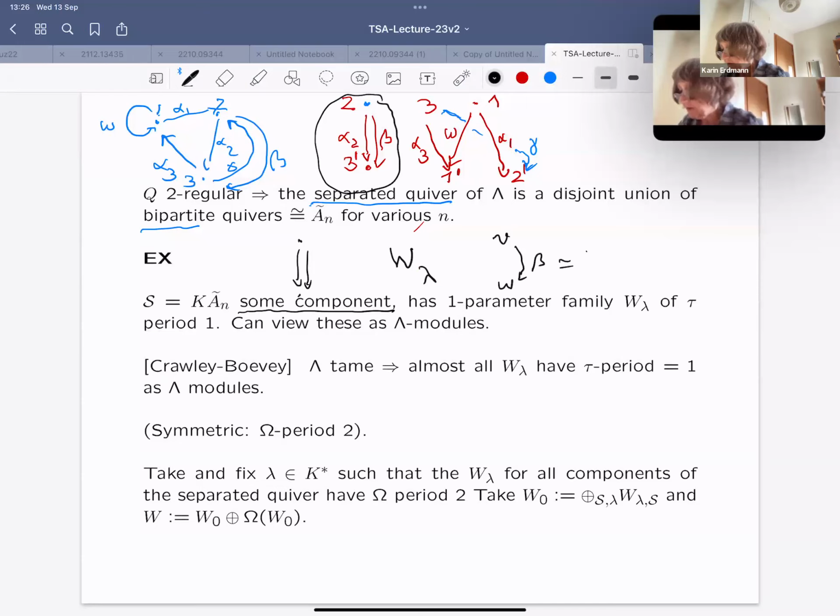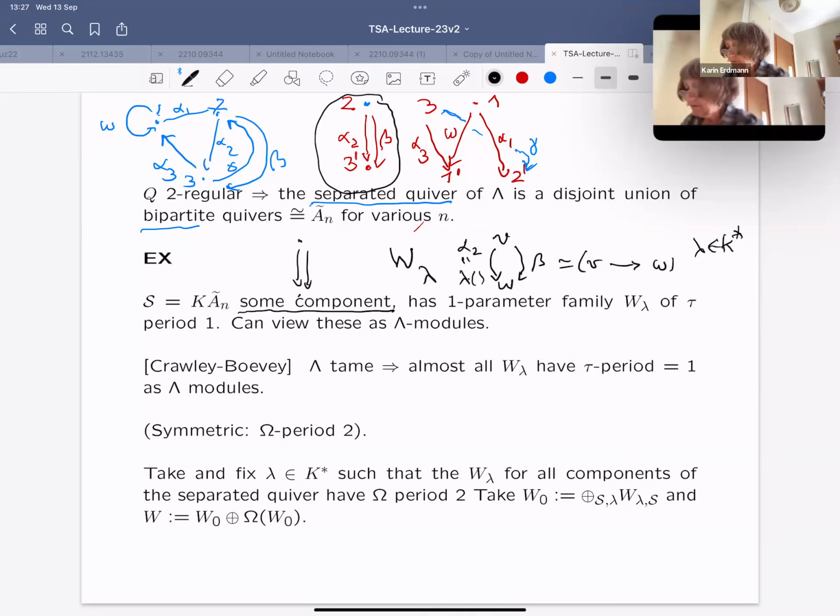It takes V to W. And then we have alpha 2, which takes V to W by multiplication by lambda. Sorry, this is badly written. So this is basically a multiplication by lambda, right? And lambda should be non-zero.